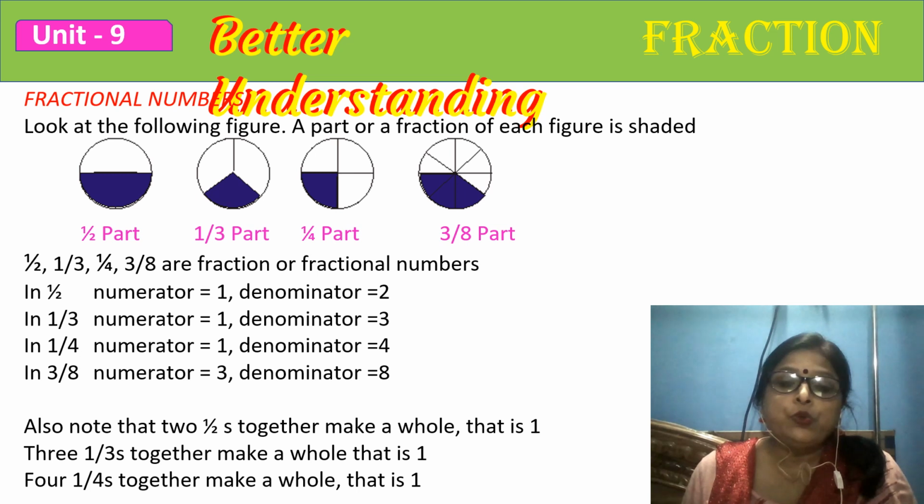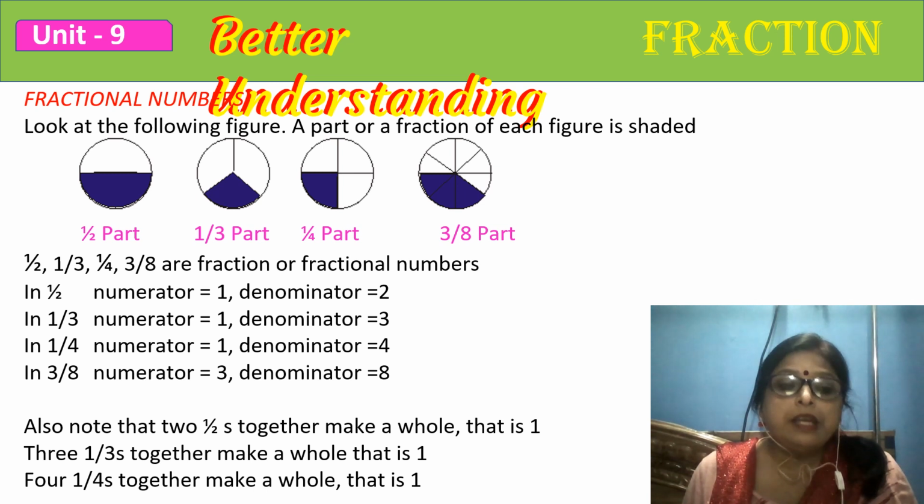In 1 by 2, the numerator is 1 and the denominator is 2. In 1 by 3, numerator 1, denominator 3. In 1 by 4, numerator 1, denominator 4. And in 3 by 8, the numerator is 3 and the denominator is 8. Also we have to note that halves together make a whole, which means when you join two halves, you get 1.